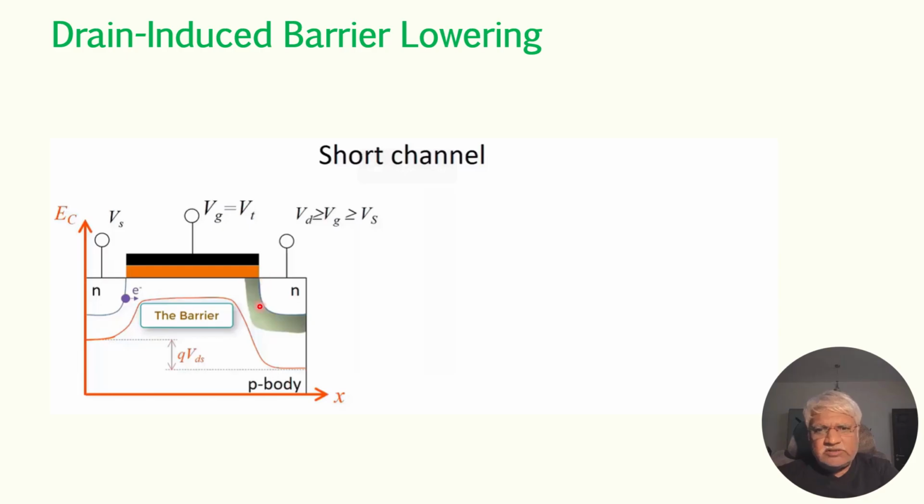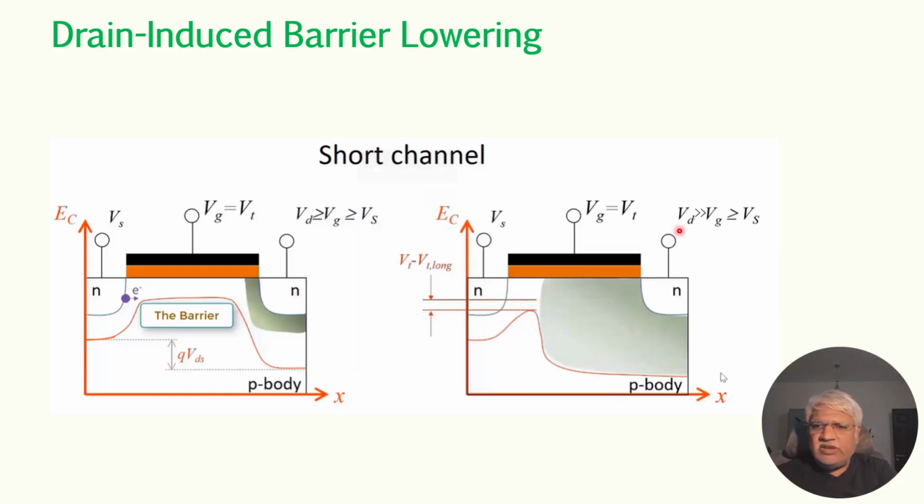Here this is the depletion region, and if you observe, it has been slightly tilted in this direction. Now if Vd is far greater than Vg, then the depletion layer pushes towards the source. This is the drain, this is the source, and it pushes towards the source. Hence, this is the barrier before.